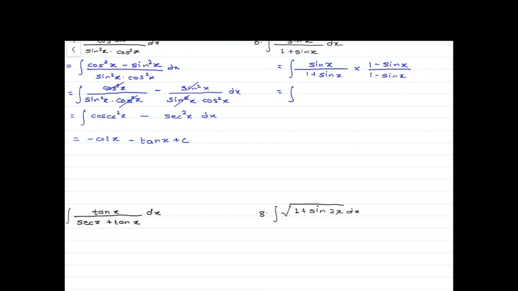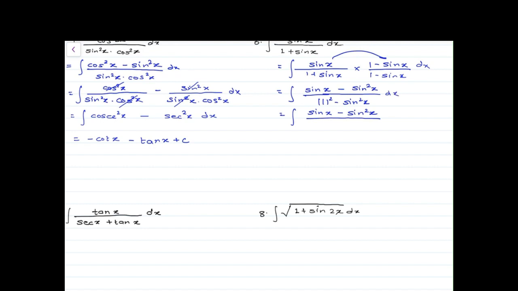So you can see sine x into 1 is sine x minus sine x into sine x will give you sine square x, right? And in the denominator, you can see a plus b, a minus b will give you a square minus b square, right? So we have sine x minus sine square x, the whole thing divided by 1 minus sine square x.